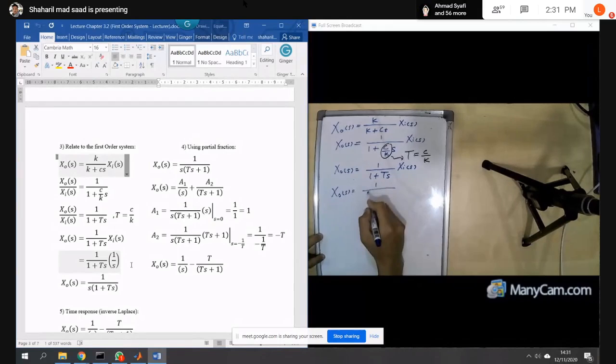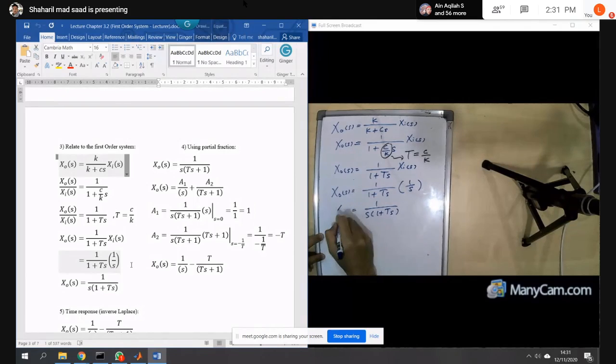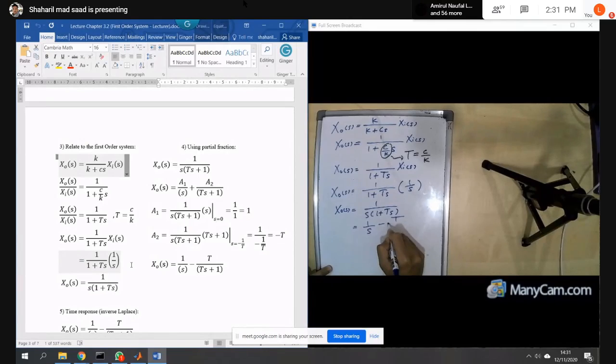For example, X_i is the step input, so we have 1 over 1 plus Ts times 1 over s. Then the equation is 1 over s(1 plus Ts). Then you can do the partial fraction, and you will get 1 over s minus T over 1 plus Ts.